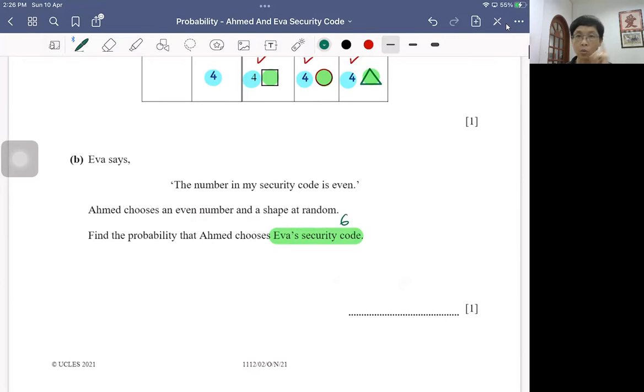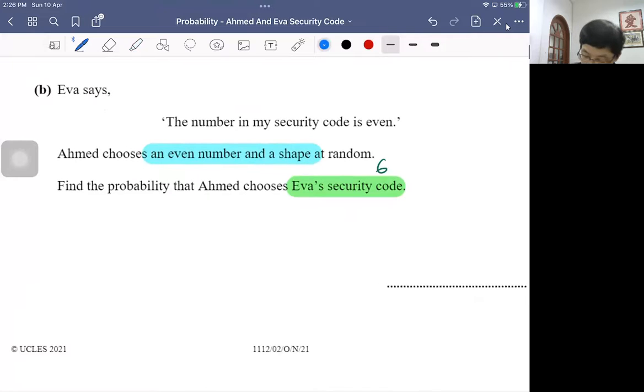Okay, and now we see how many security codes Ahmed is going to choose. He chooses 1. He only chooses 1 security code. So he just chooses 1 set of even number and shape. So I'm going to put that in color. Ahmed chooses 1 set. All right, and I'm going to put that in writing. So I'm just going to put in the number or quantity of Ahmed's choice.